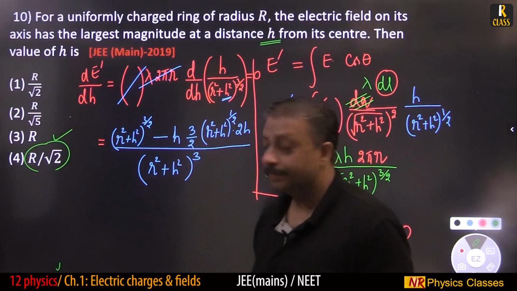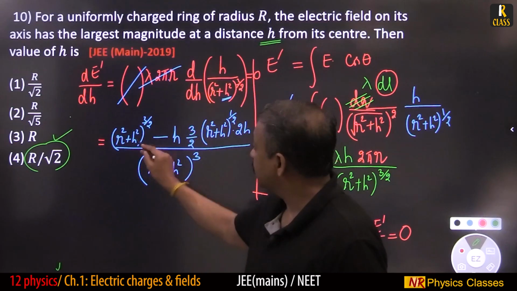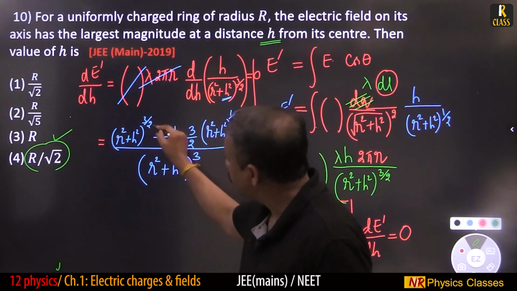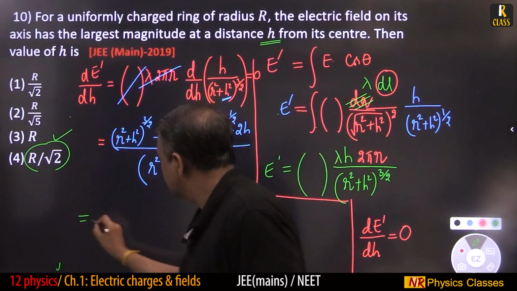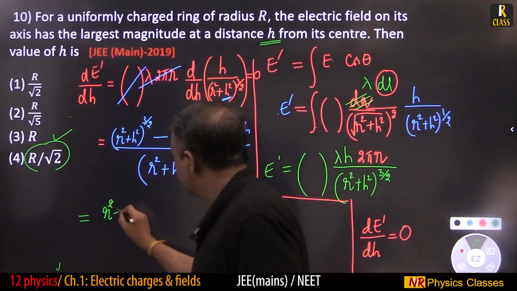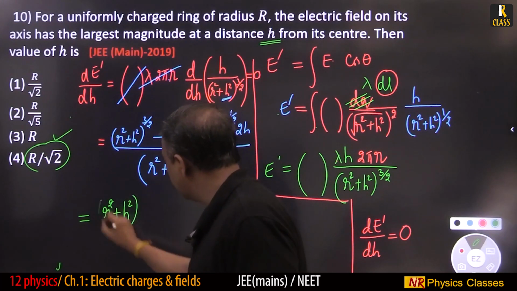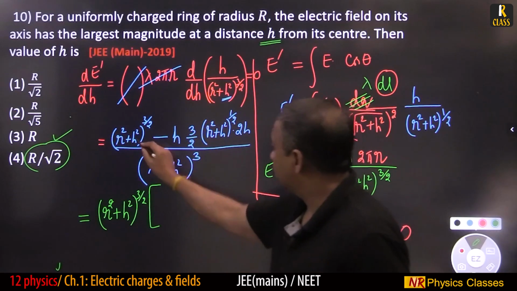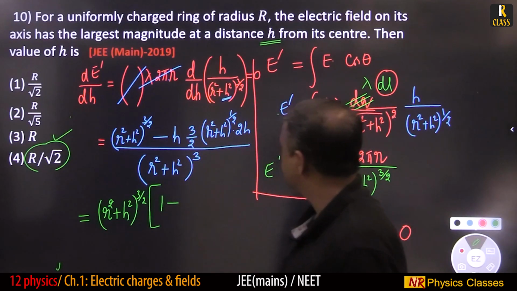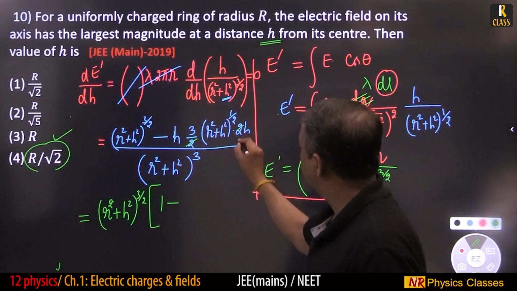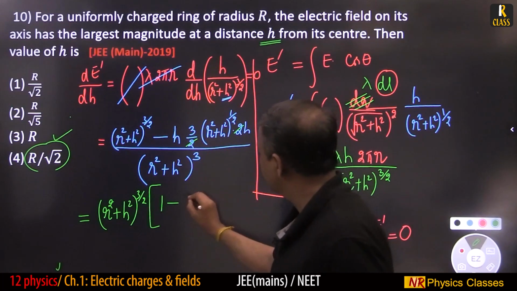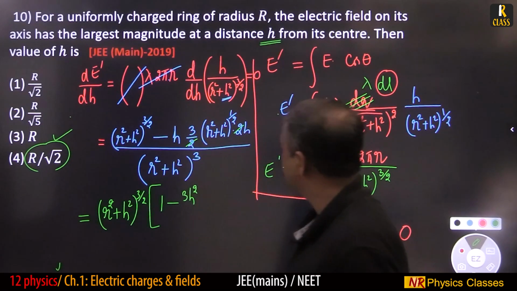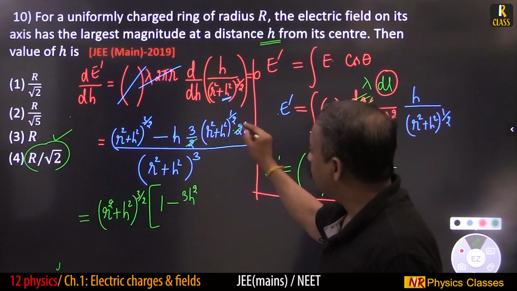Now in this, let us take r square plus h square whole to the power of 3 by 2 as a common factor. This is 1 minus 3h square, there is the 1 by 2, 2 times 3 by 2 gives 3h square.